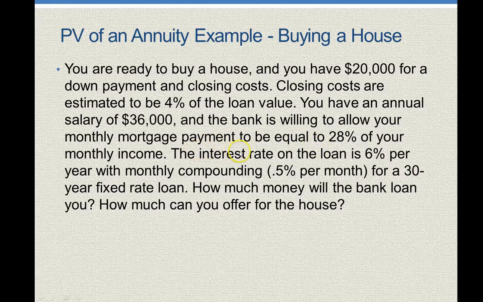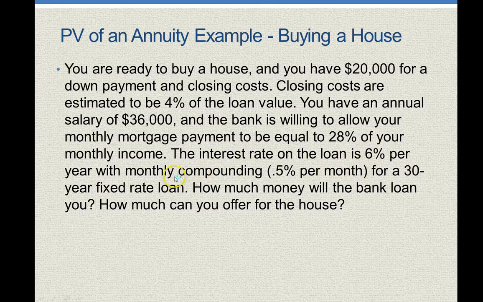And the interest rate on the loan is 6% per year with monthly compounding. I made another video also talking about the non-annually compounded case, and this is actually one of the examples for that.